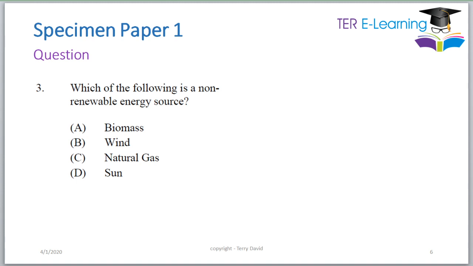Which of the following is a non-renewable energy source? If we look at biomass, that is renewable. Wind is also a renewable resource.